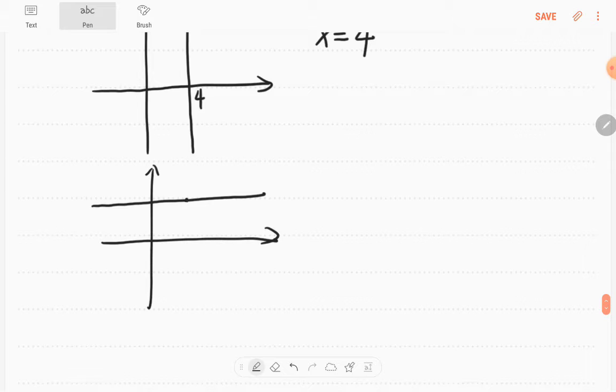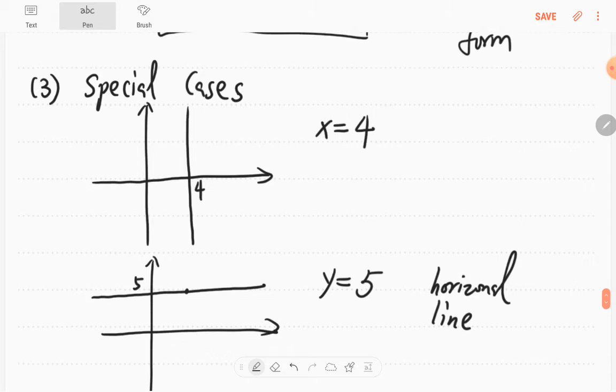If this point is 5, the y coordinate of this point is always 5, so this is y equals 5. That represents a horizontal line. And x equals a number represents a vertical line.